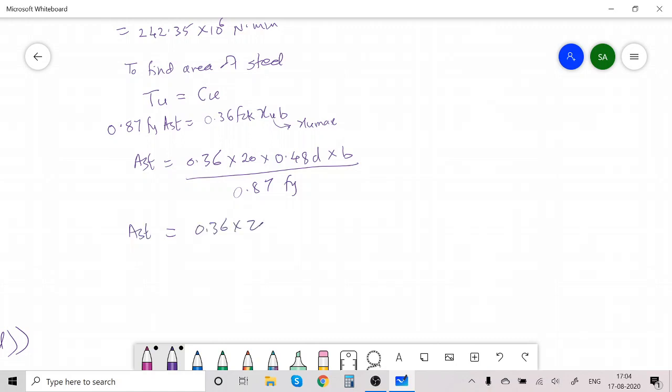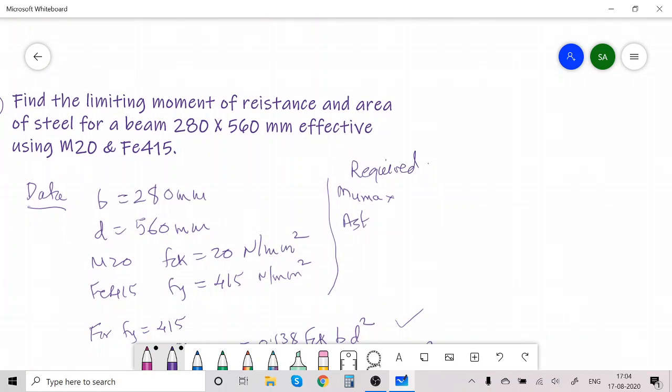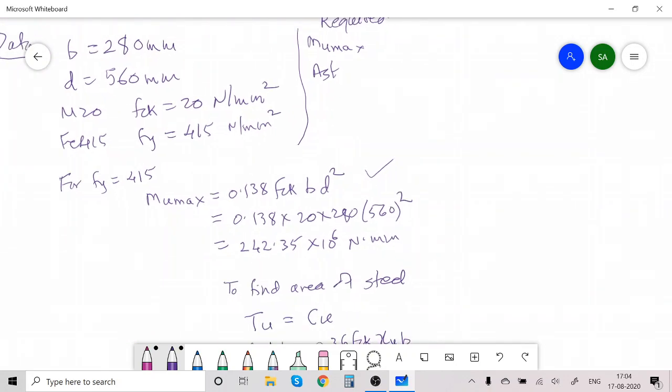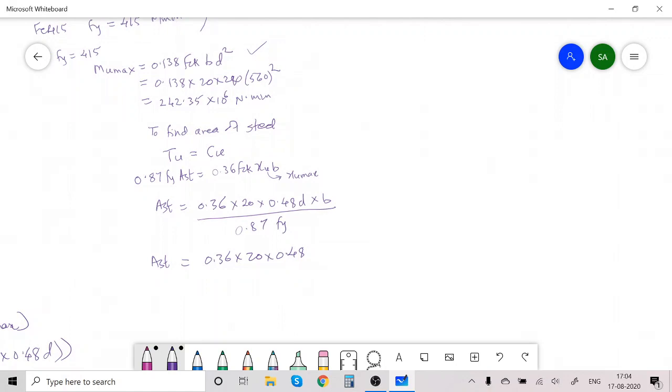So Ast is equal to 0.36 into 20 into 0.48, into d which is 560 and b which is 280, divided by 0.87 into 415.